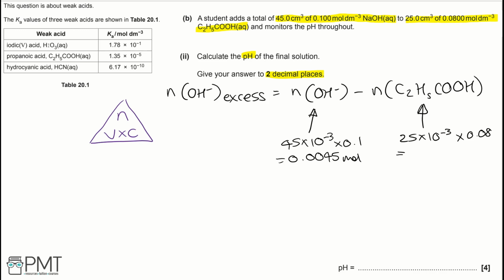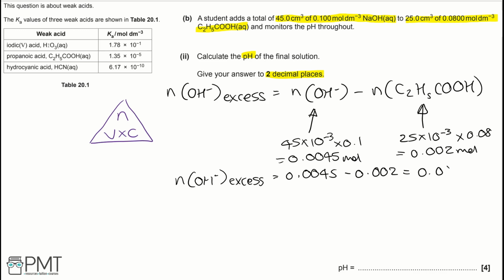So that's volume times concentration, and that equals 0.002 moles. So that gives us the number of moles of OH minus in excess, and that is equal to 0.0045 minus 0.002, and that equals 0.0025 moles.